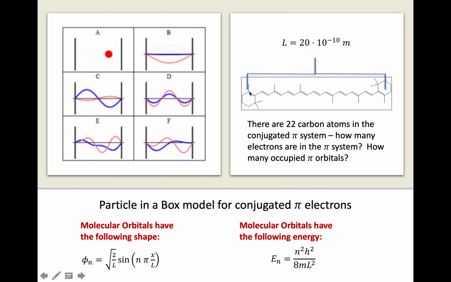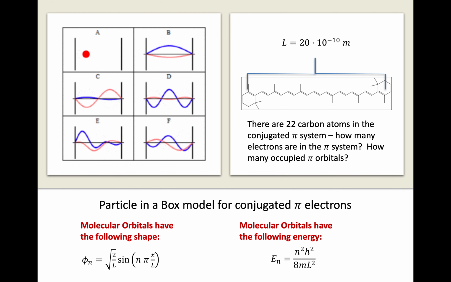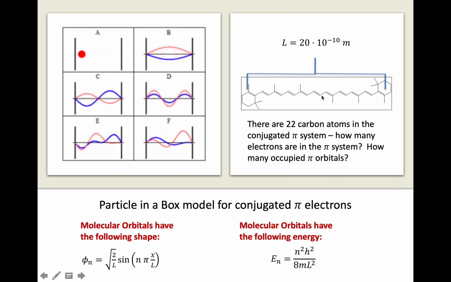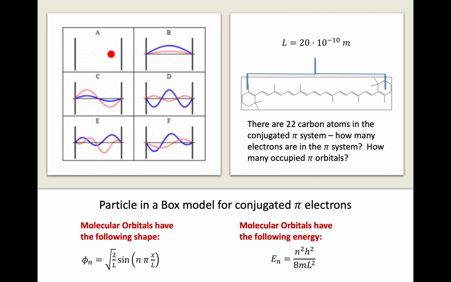And so the length we can estimate by doing some trigonometry. If we remember that the carbon bond is something like 1.2 angstroms, you end up finding that the end-to-end distance is something like 20 angstroms. Okay, so that's a reasonable approximation. So that's what we're going to use for L.